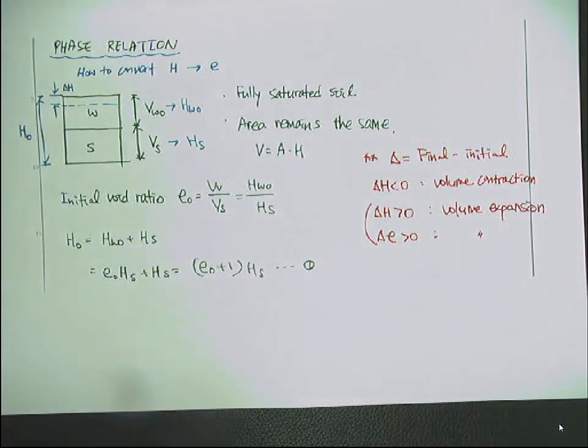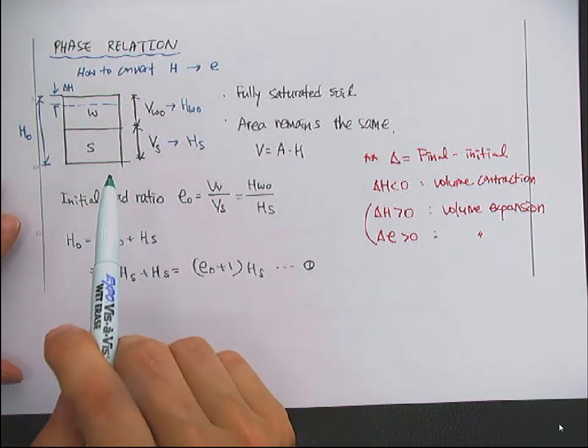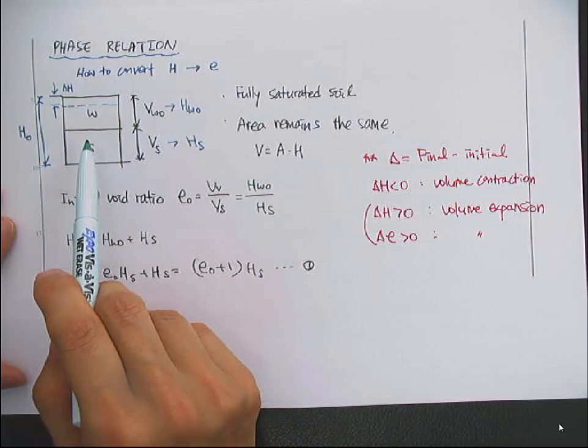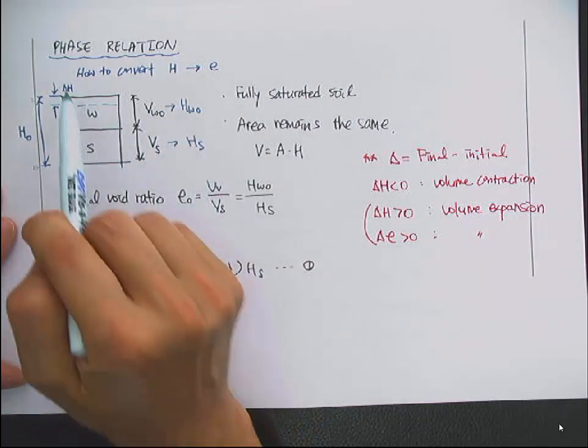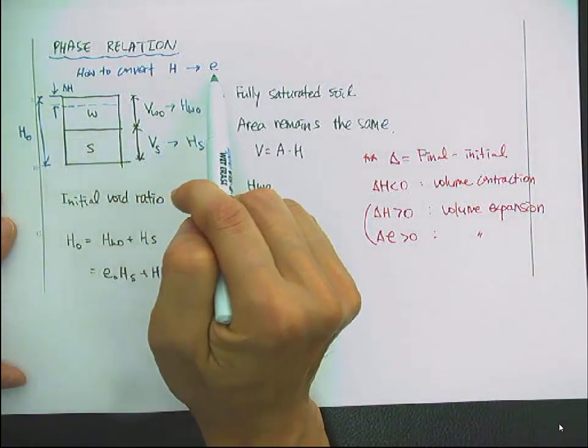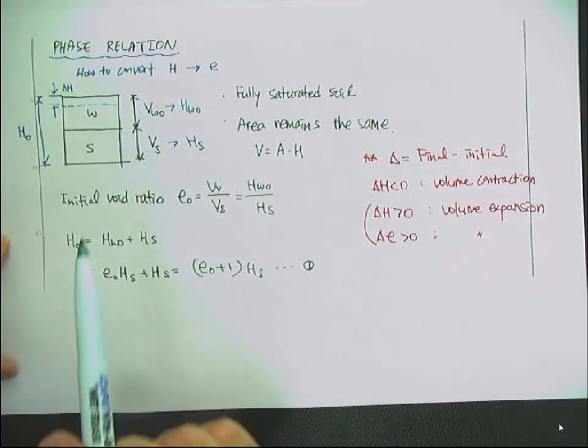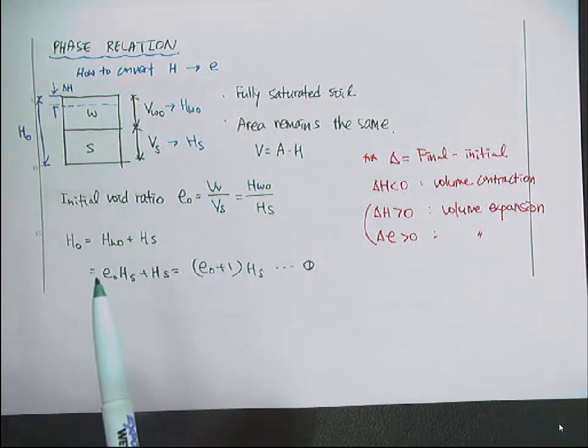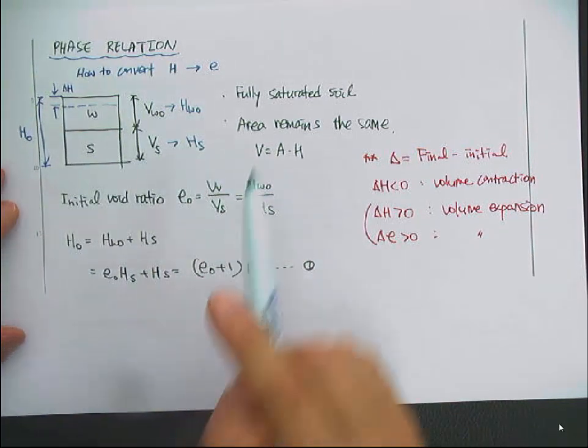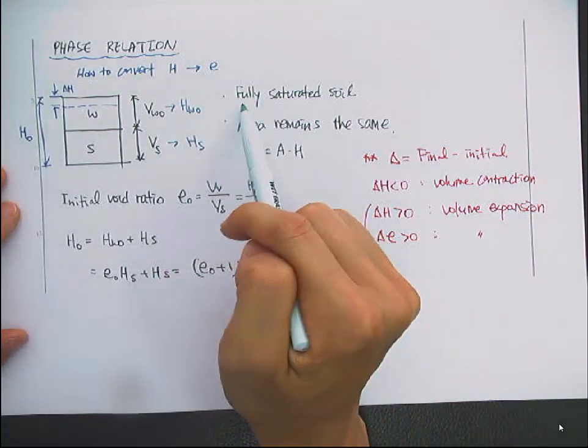So then, how can we change the height change to the void ratio? So how to convert the H to the void ratio? Because in clay, we are doing the fully saturated condition. So we assume that it's a fully saturated condition.